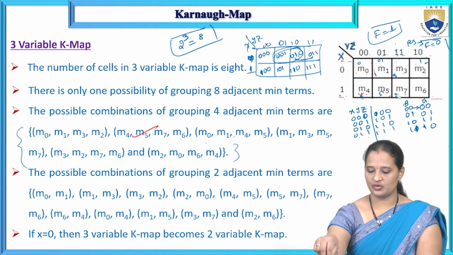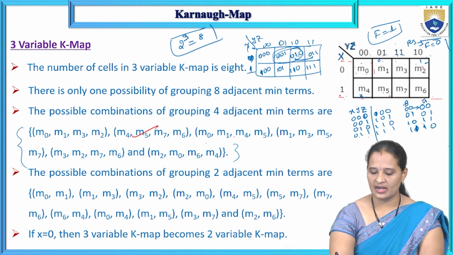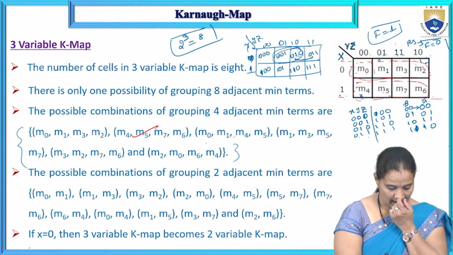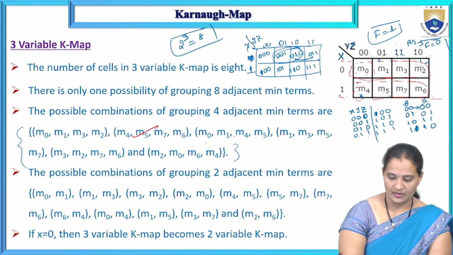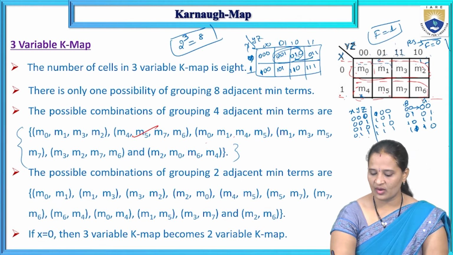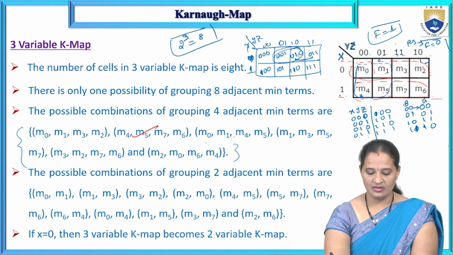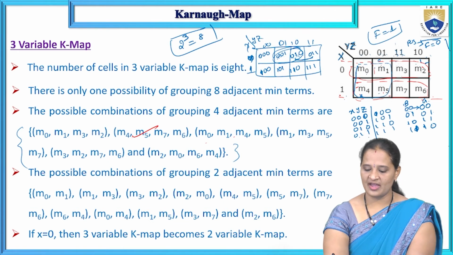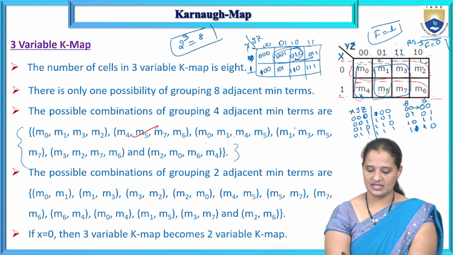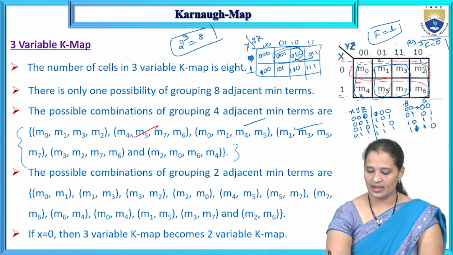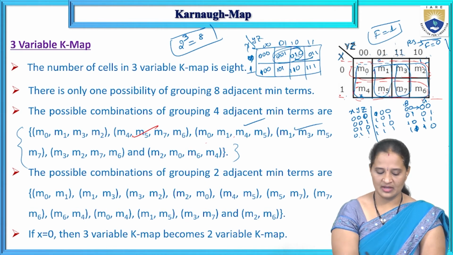So I will show you the quads here. The first quad I can form is with this, and the second quad with these 4, and the next is a quad with these, and then M1, M3, M5, M7. And the next one is M0, M3, M2, M7, M6.